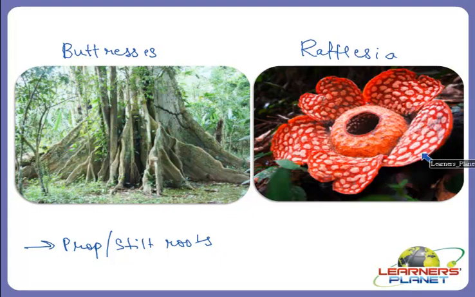Here we cannot see clearly in this image, but they have downward pointing hairs. So insects enter and lose their footing or are prevented from leaving because of the hairs.